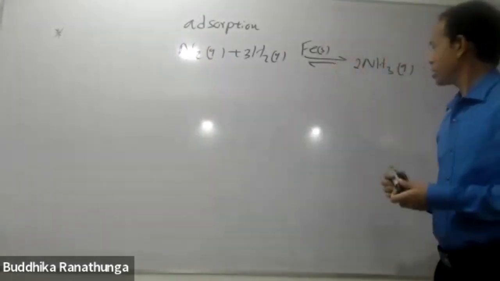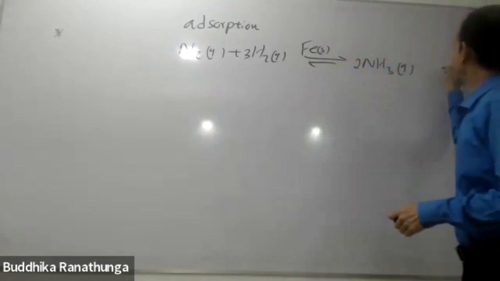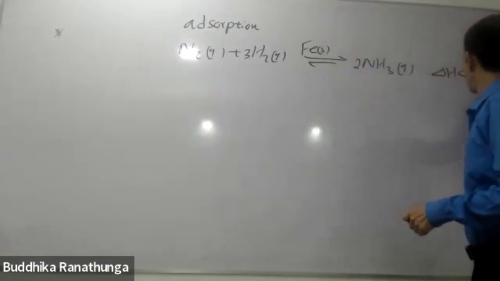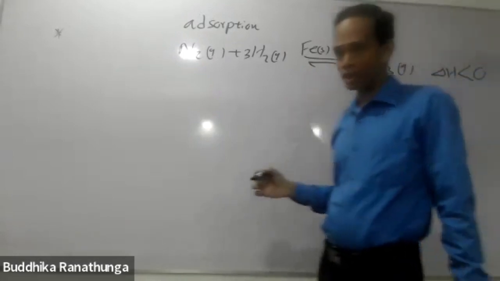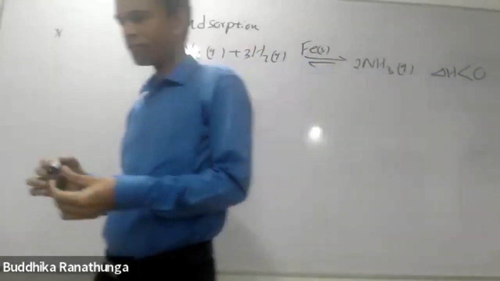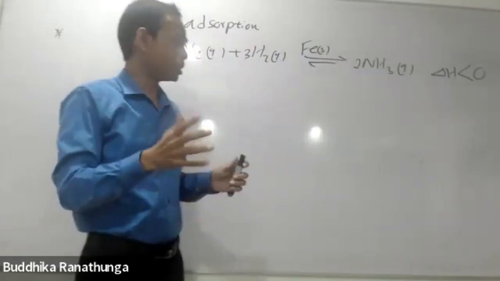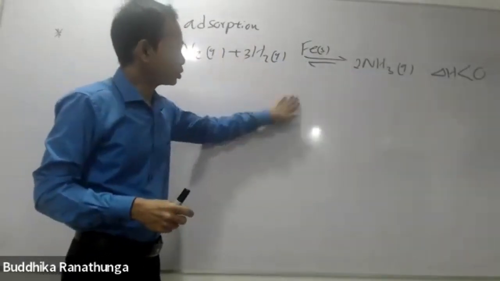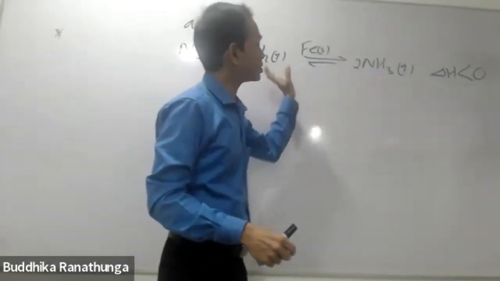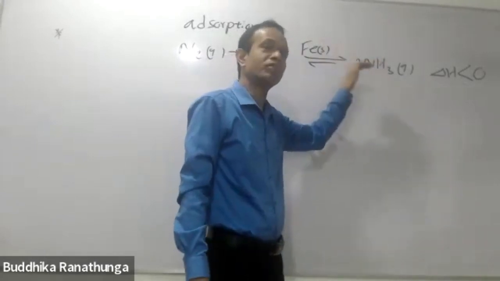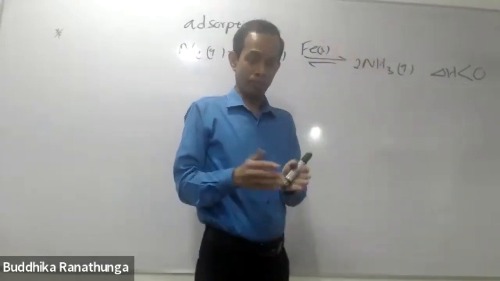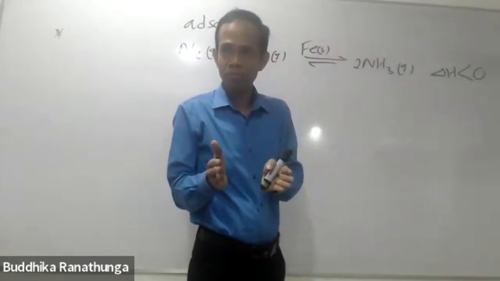Right. Then this reaction is exothermic. Delta H is negative. Okay. Then I told you that our purpose is to get the maximum product, at the same time within a very short period of time.